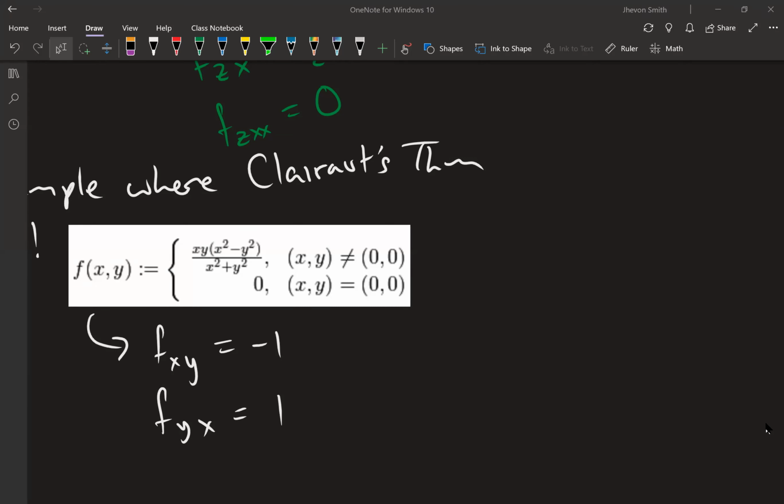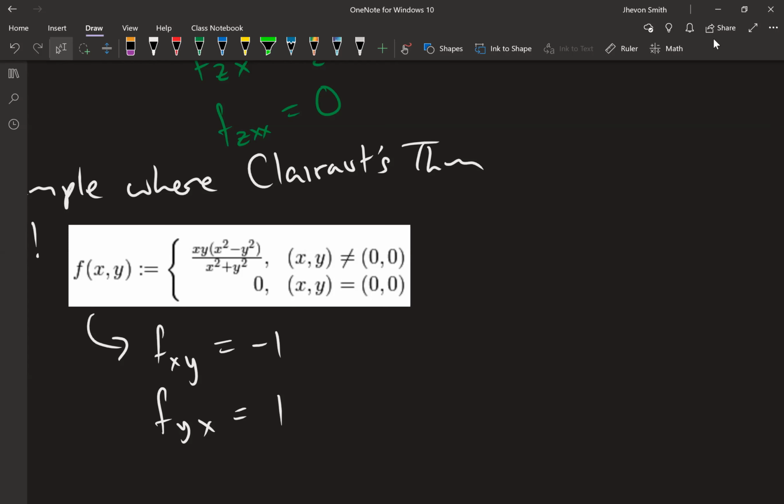I think it's actually continuous, because if you determine the limit of xy times (x squared minus y squared) over (x squared plus y squared), the limit would just be 0. And even though it says (x, y) does not equal (0, 0), and f(0, 0) equals 0, according to what I determined here, I think it's continuous.